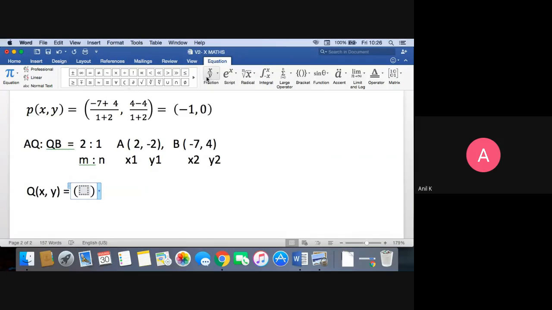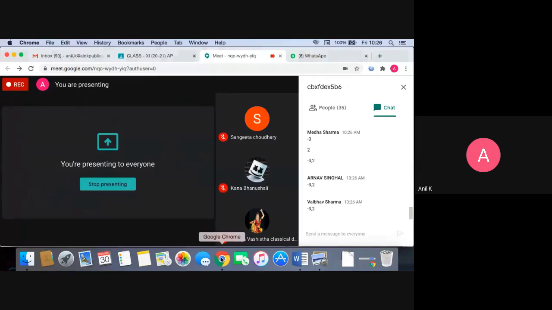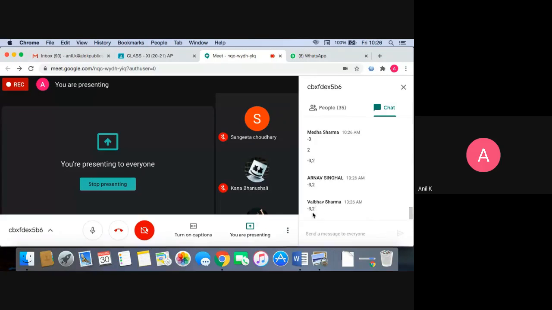By that time I will also solve. Anyone has given the answer, which is minus 4 comma 2. Another answer: minus 3 comma 2.